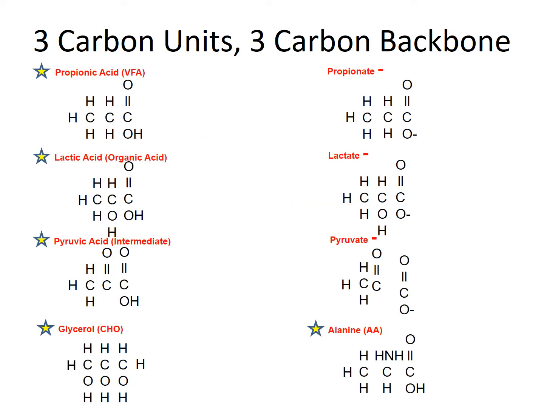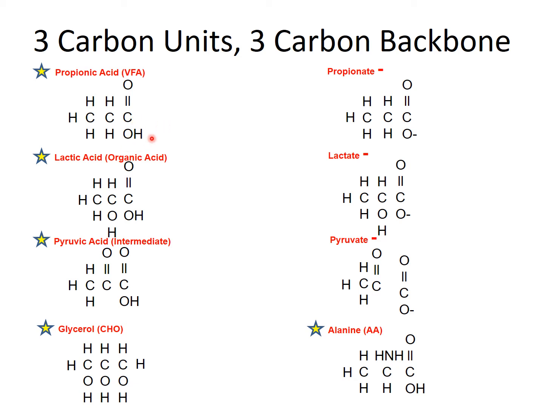So the 5 we're talking about here are propionic acid, lactic acid, pyruvic acid, glycerol, and alanine. Most of you know about propionic acid. It's a VFA, so 1, 2, 3 carbons.